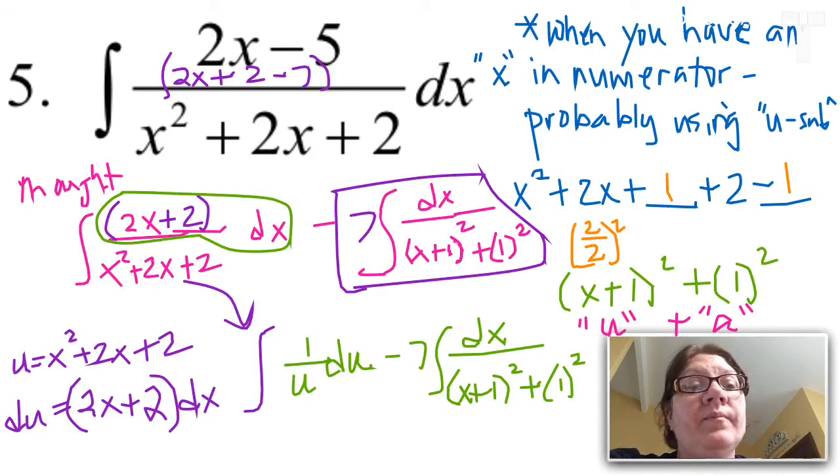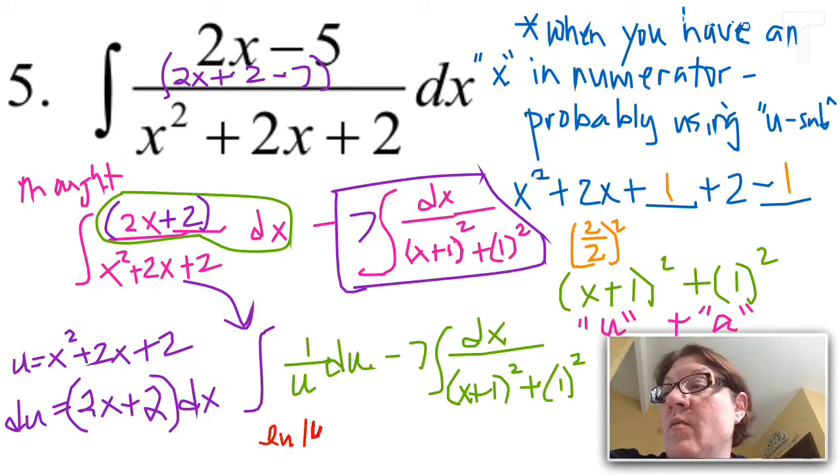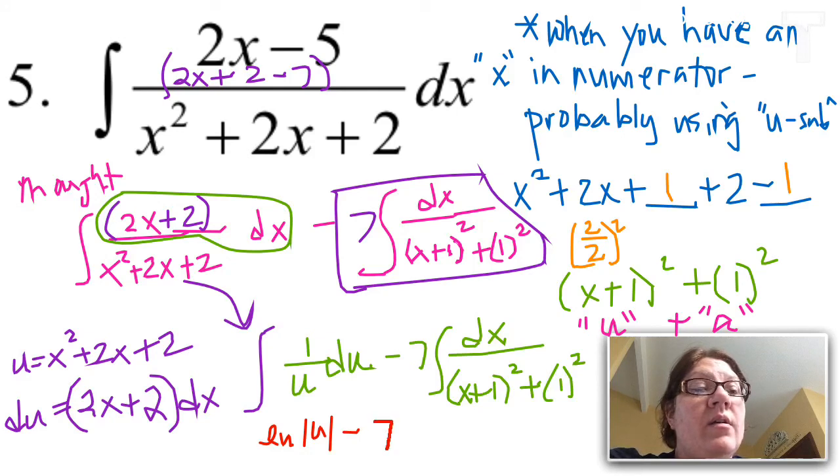So of course here, I'll have natural log of absolute value of u. And the second one is the arctangent. So I'll have 1 over a, but a was 1.